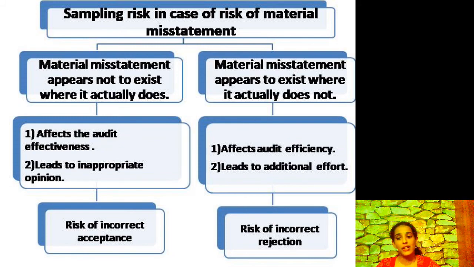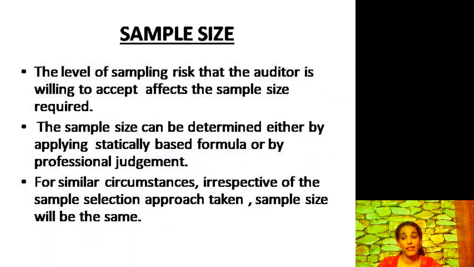Now, since we already discussed what sampling risk is, and the different types of sampling risk in case of controls and with respect to material misstatement, we'll see sampling risk and sample size. As I told you, we already discussed what sampling risk is. It is the sampling risk that the auditor is willing to accept, similar to the risk appetite the company is willing to take.